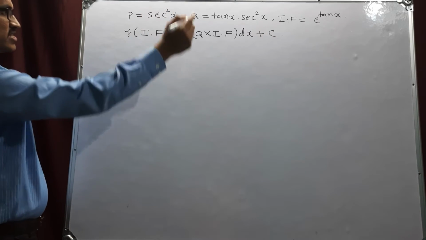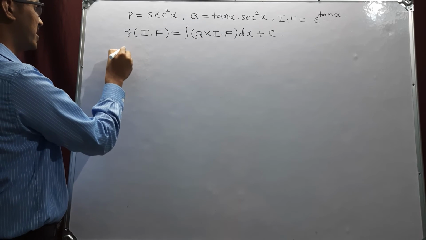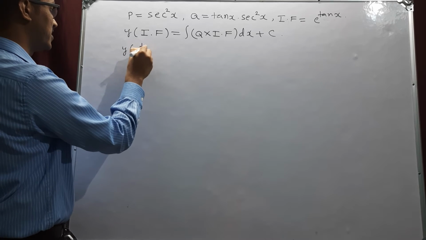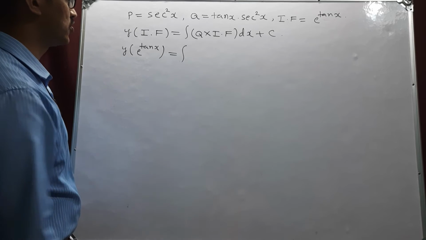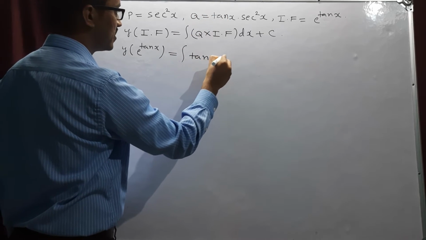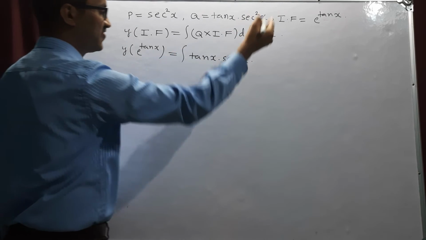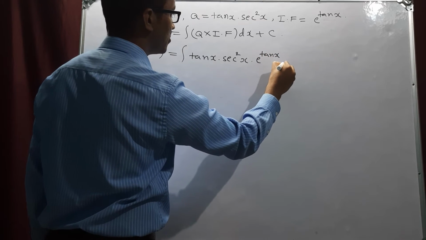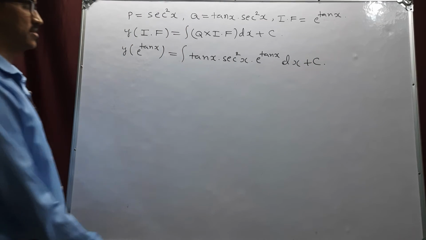Now substituting the value of integrating factor as well as q, we get y into e power tan x is equals to integration of tan x into secant square x into e power tan x into dx plus integrating constant.